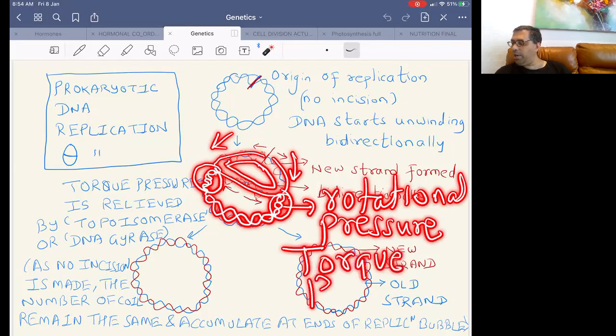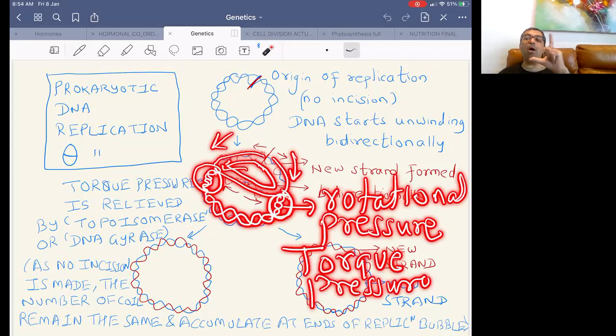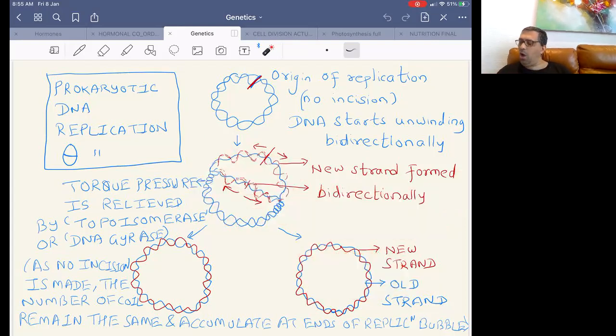And because of torque pressure, कॉइल्स में इतना टॉर्क प्रेशर आ गया है कि रेप्लिकेशन बबल अब बड़ा हो ही नहीं सकता है, which means the two strands in the theta cannot separate because of this rotational pressure or torque pressure. So you have to relieve the torque pressure. And how is the torque pressure relieved? The torque pressure is relieved by an enzyme called as topoisomerase. Topoisomerase or DNA gyrase.